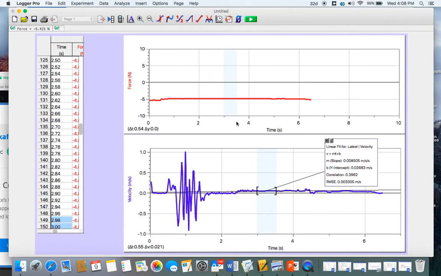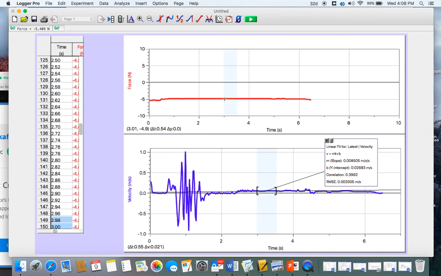Let's go up here now on the force graph and determine what the force was during that period. If I again put my cursor over the position where I want to get the force reading, in the lower left-hand corner you see again a coordinate pair. The coordinate pair is 3.01 seconds, comma, negative 4.9.